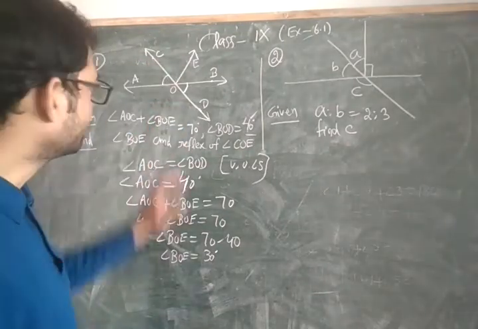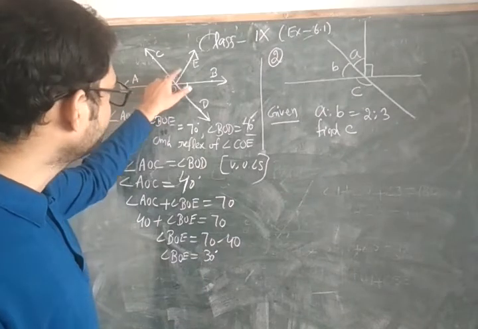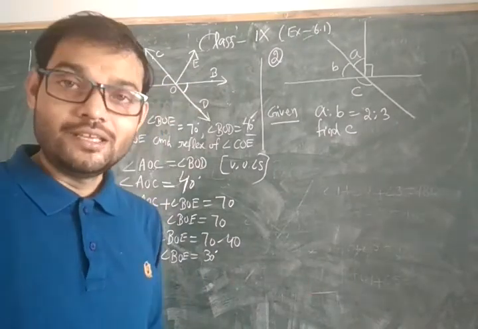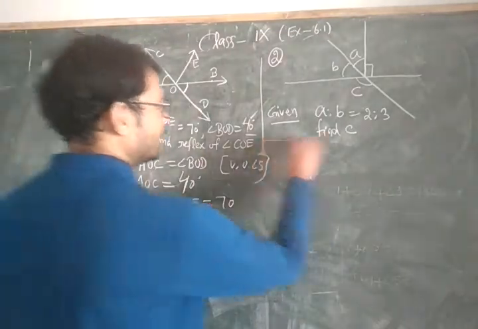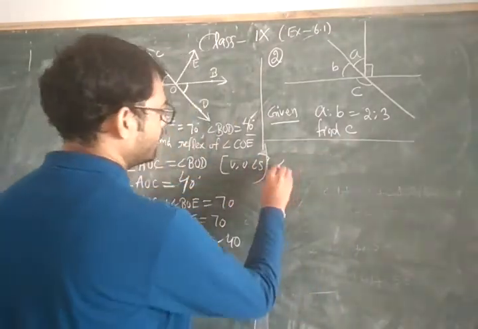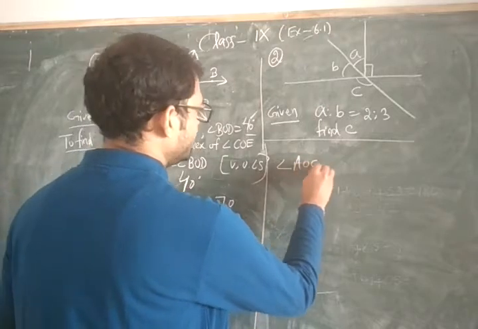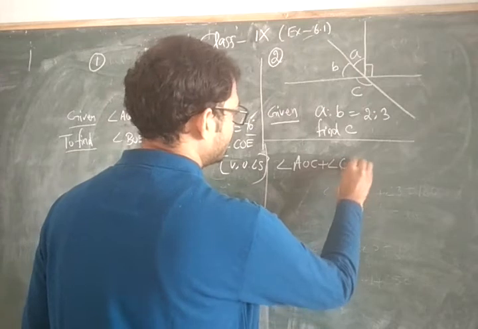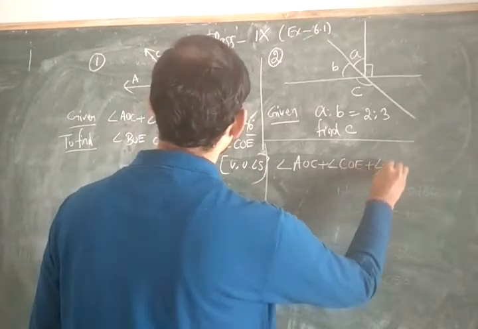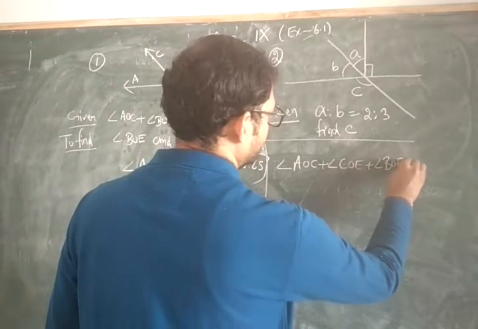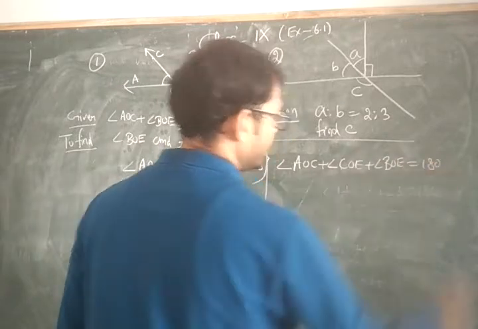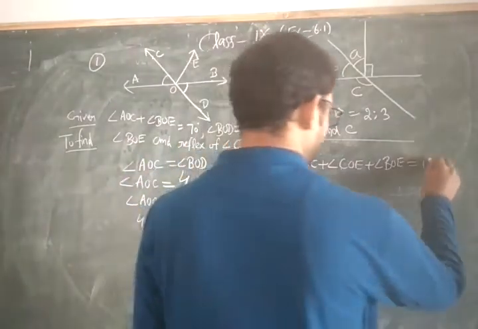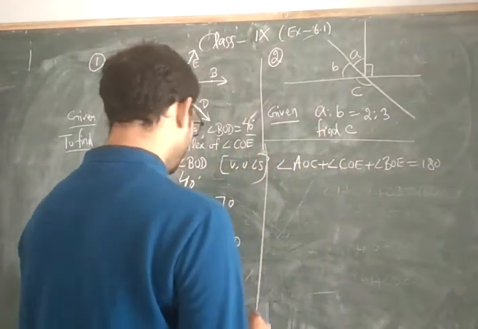So for COE, if I add all these three angles, you can say it becomes a linear pair. So I can write here that angle AOC plus angle COE plus angle BOE is equal to 180. The reason is linear pair. And now put the values here.